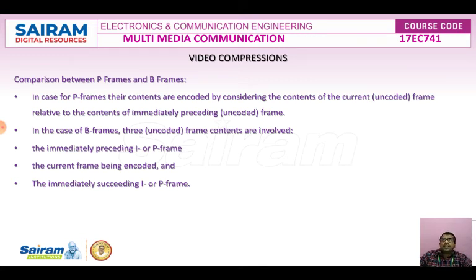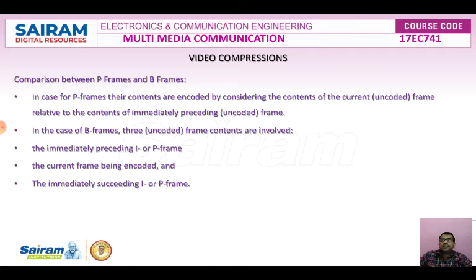Now decoding. The information relating to I-frames can be decoded immediately in order to recreate the original frame. For a P-frame, the received information is first decoded, then the resulting information is used together with the decoded content of the preceding frame.